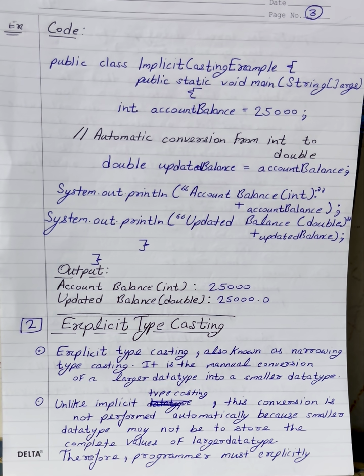Since a double has a larger storage capacity than an int, Java automatically converts the integer value into a double value. As a result, the output displays 25,000.0 instead of 25,000. This demonstrates that implicit typecasting has occurred successfully without using the casting operator.